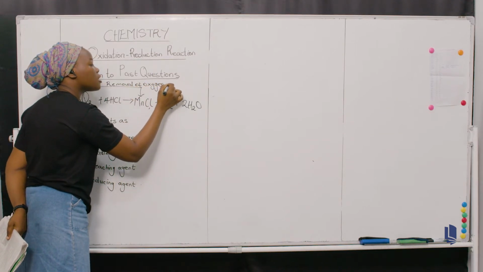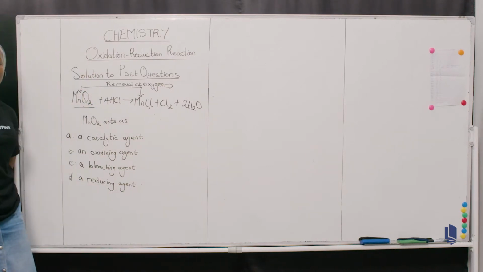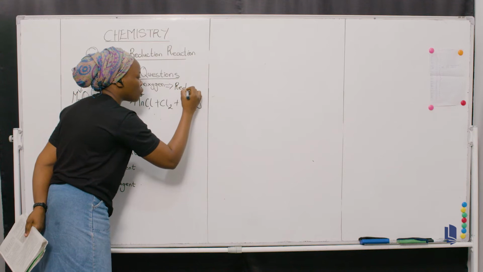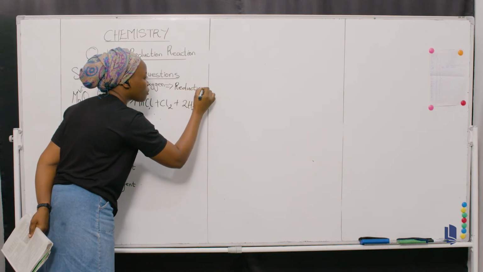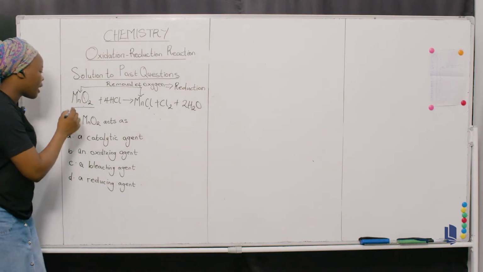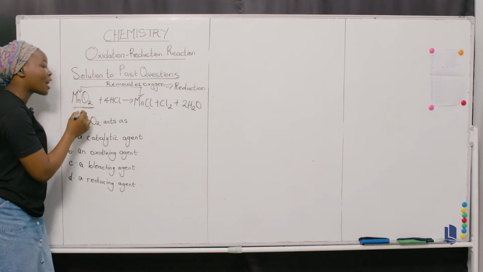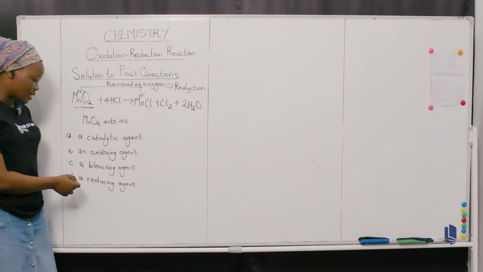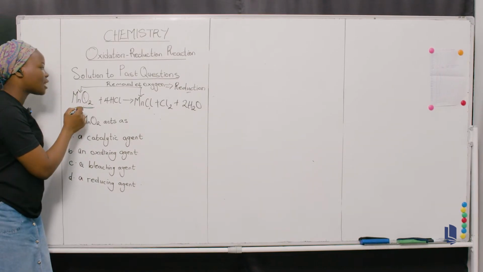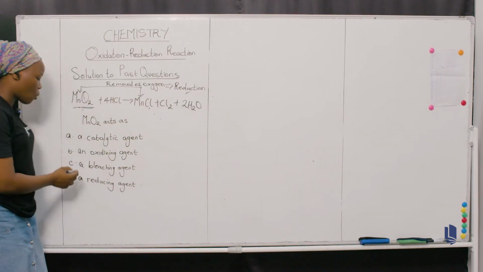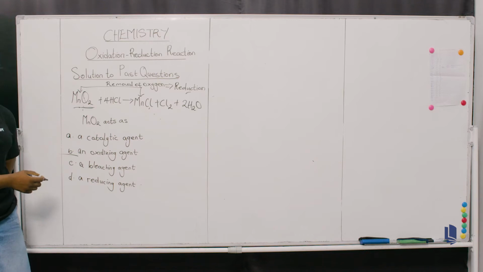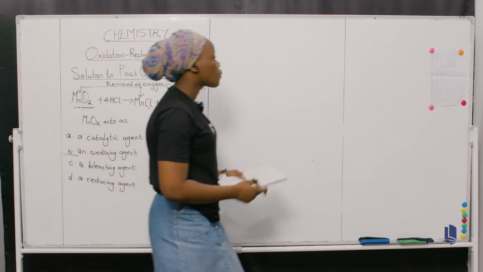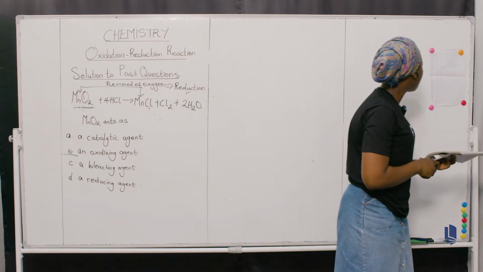And removal of oxygen from last class is what reaction? Reduction. So that's the reduction half equation, and MnO2 is the reactant. The reactant that undergoes reduction is called the oxidizing agent, and that is option B. So let's move on.